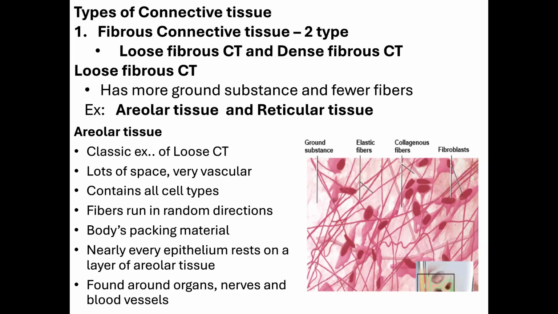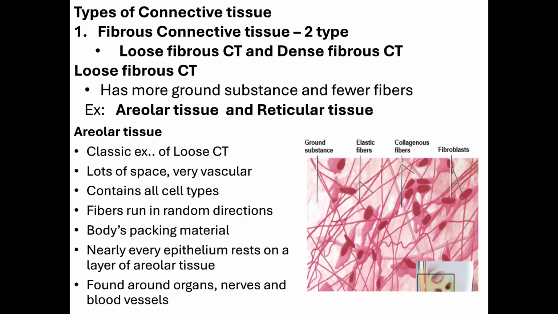And nearly every epithelium of the body sits on areolar. I told you epithelial tissue has got a peculiarity. What is it? Does it have a blood supply? Oh, it's avascular.